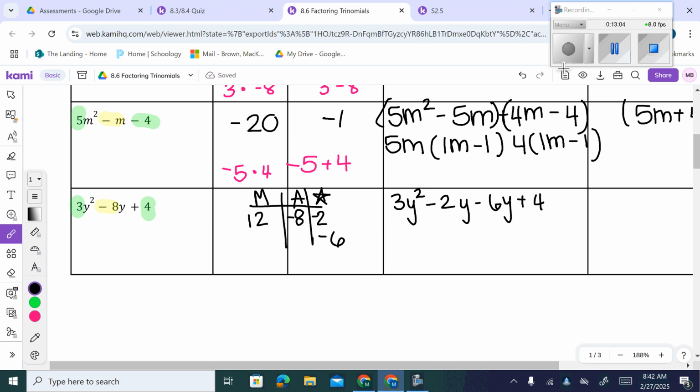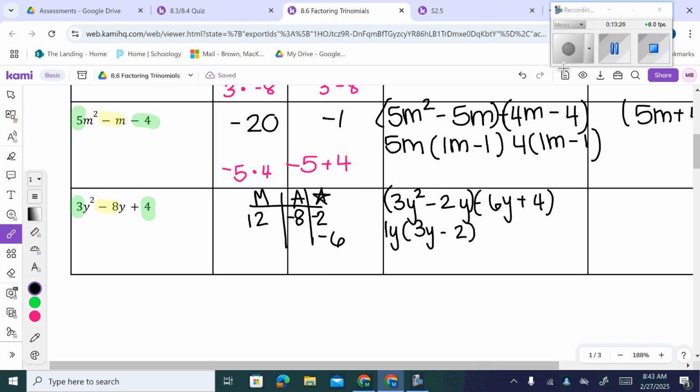Alright, everybody up here. You now have how many terms? 4. What do you do with 4 terms? Group it. Alright, what goes into 3 and negative 2? 1y. So then this is going to become 3y minus 2. Are we okay with that? Yeah. Alright, what's the GCF of the second group? Negative 2.